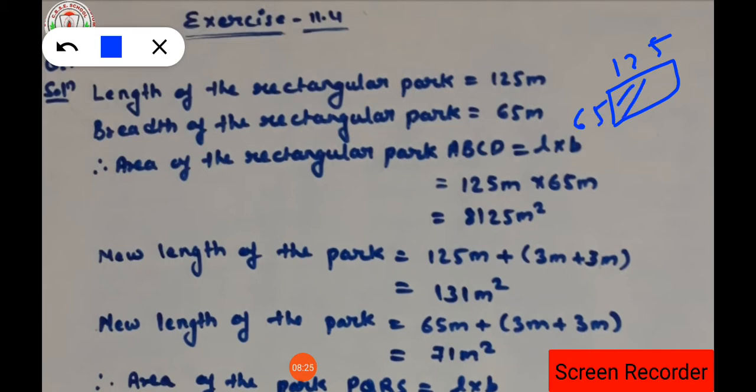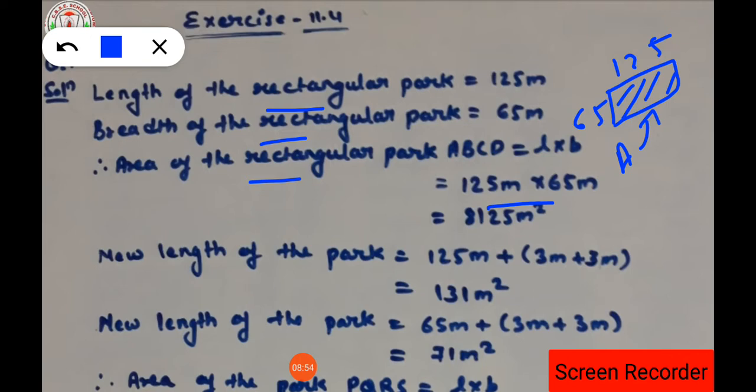With the help of this length and breadth, can we find the area of this park? Remember, student, the park is in the form of a rectangle, so the area of the rectangle formula is used here. Area of the rectangle is L into B, so the area of the rectangular park will be L into B. L is 125, breadth B is 65 meter.